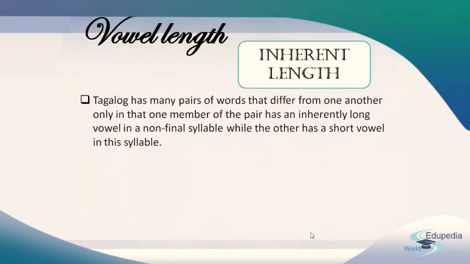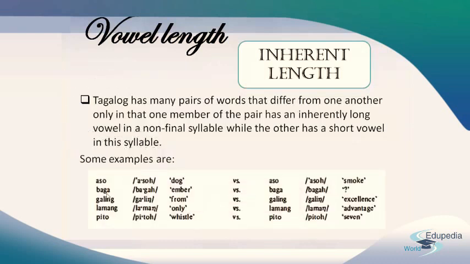Tagalog has many pairs of words that differ from one another only in that one member of the pair has an inherently long vowel in a non-final syllable, while the other has a short vowel in this syllable.